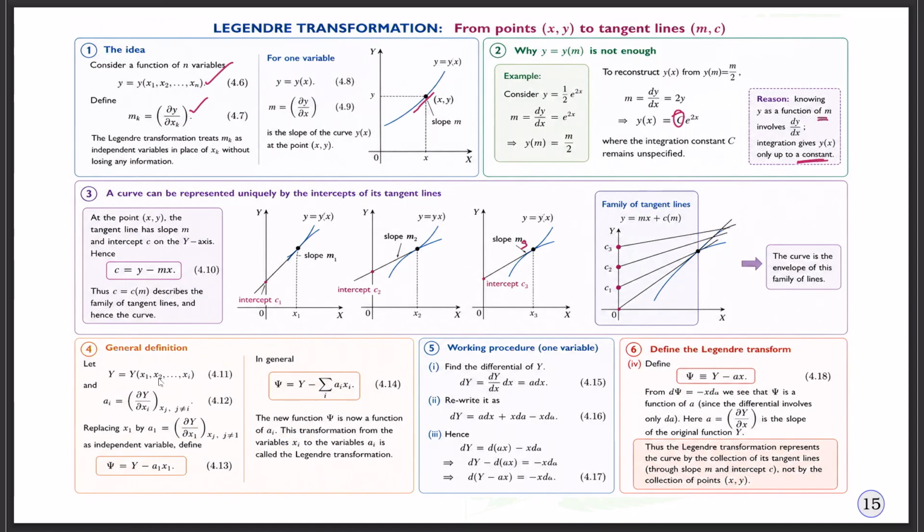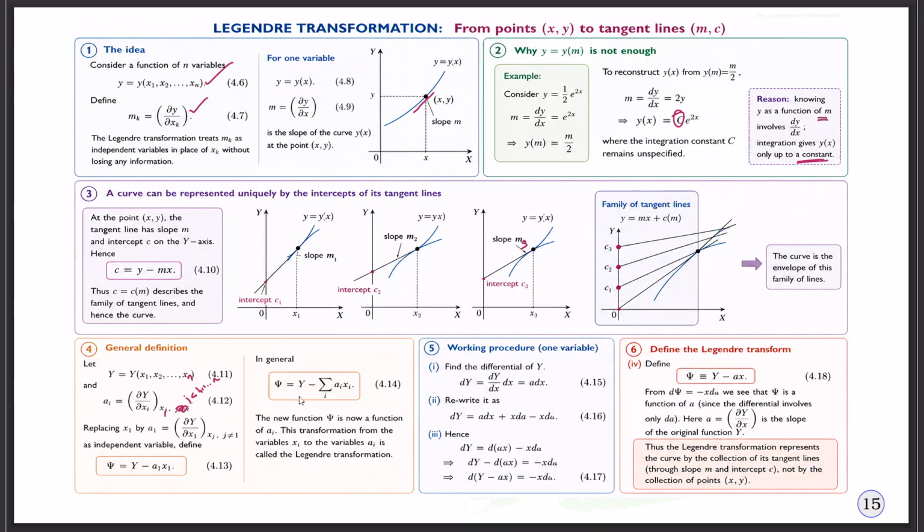Now the general definition. If you have n independent variables xi, where i belongs to 1 to n, then ai denotes the partial derivative of y with respect to the variable xi. Replace x1 by a1 as the independent variable and define phi equal to y minus a1 x1.